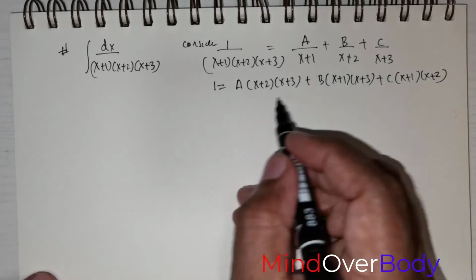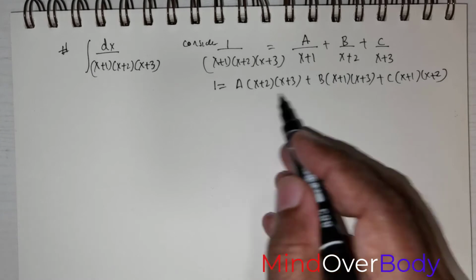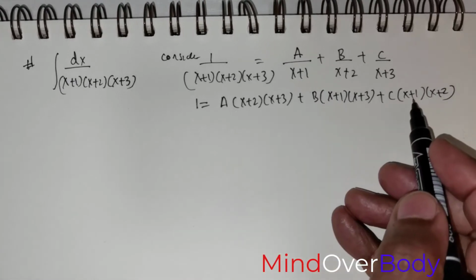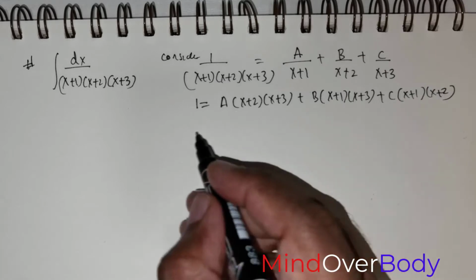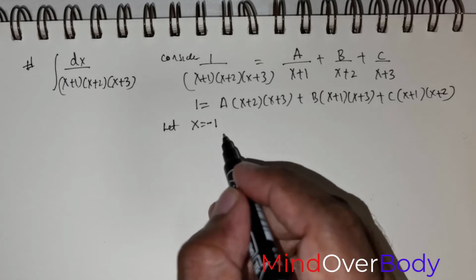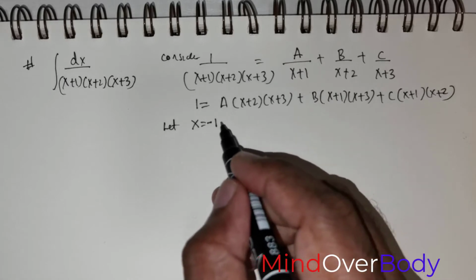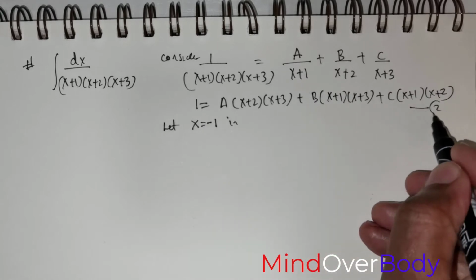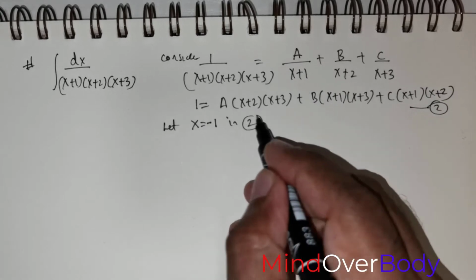So our intention is to make these terms 0. Foremost, I will start by making the terms with B and C 0. For that, let x be equal to negative 1. So we place x equal to negative 1 in equation 2.